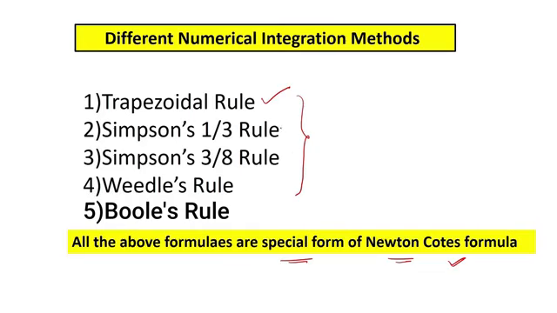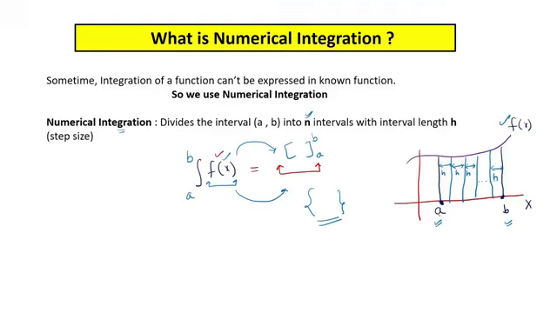Before going to the trapezoidal rule, let's understand the basic thing behind all these rules. As I told you, you have to divide the A to B interval into n sub intervals, and each of these intervals is of length h, and these h are of equal size.